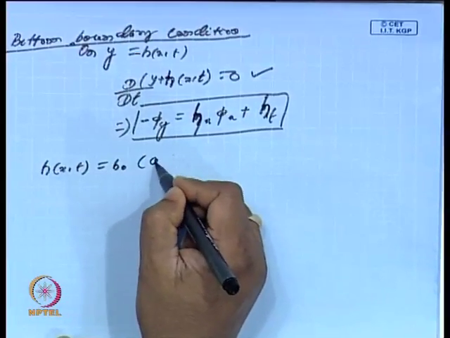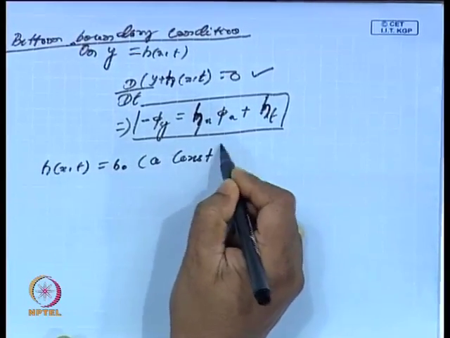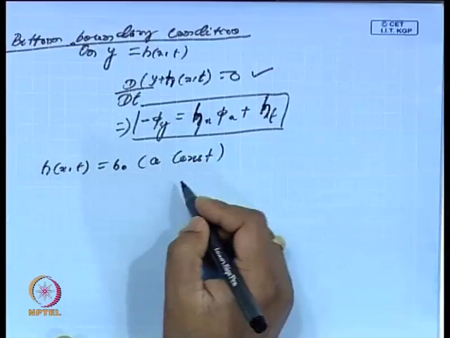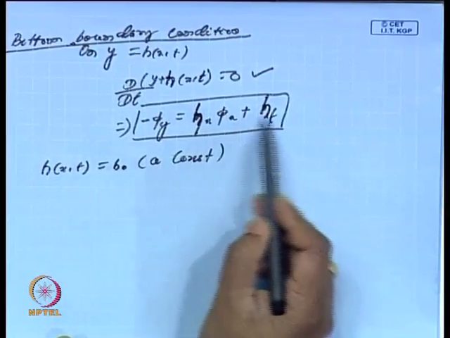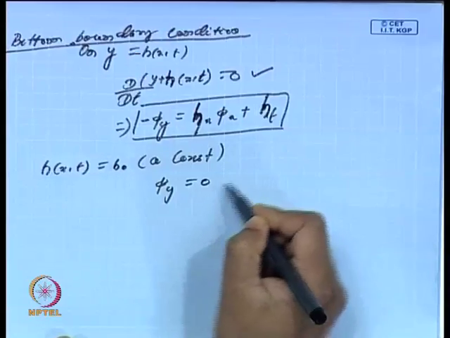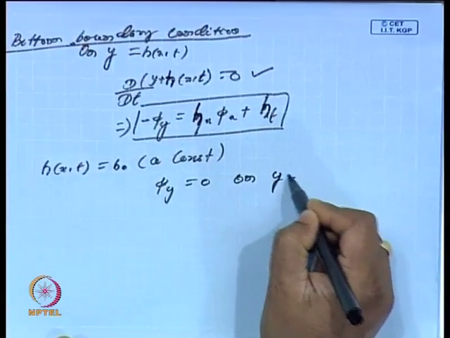Again we see that if I say s becomes constant, that means the bottom surface is uniform, the depth is uniform throughout the region, then the h_x term will be 0, the h_t term will be 0, and then I will have phi_y is equal to 0 on y is equal to minus h.